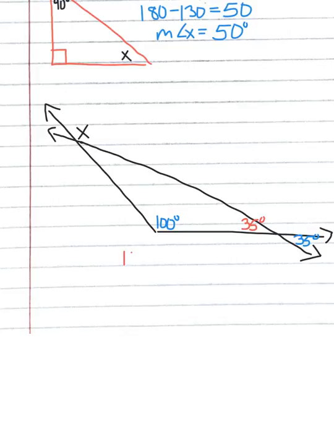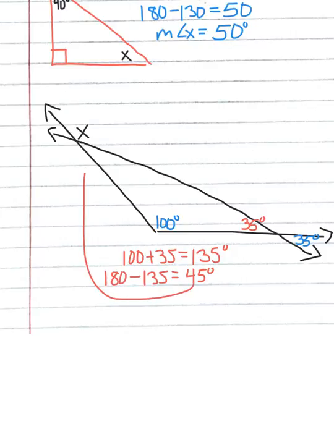And now I know that 100 plus 35 is 135 degrees for the inside of our triangle. So we can figure out that 180 minus 135 leaves us with 45 degrees for this angle here.